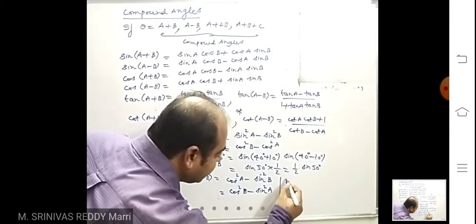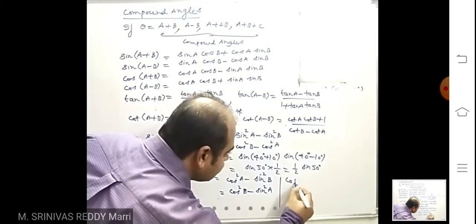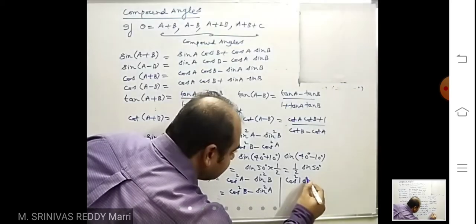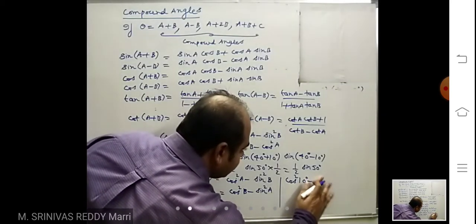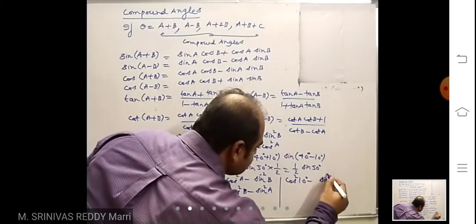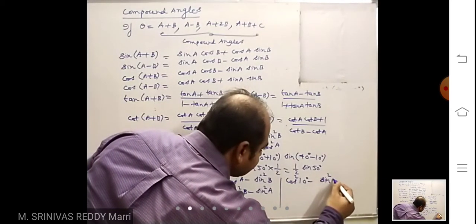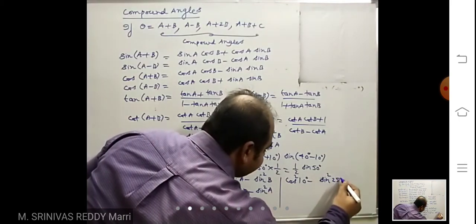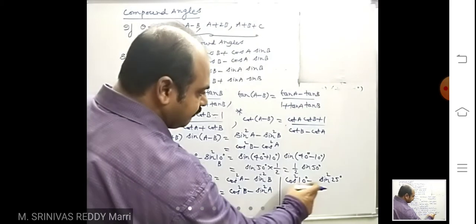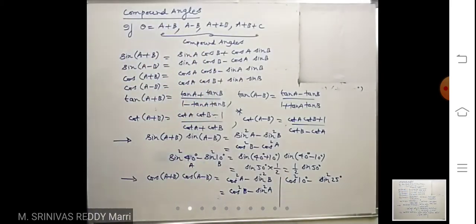Suppose, for example, look at cos square 10 minus, let us say, sine square 25.